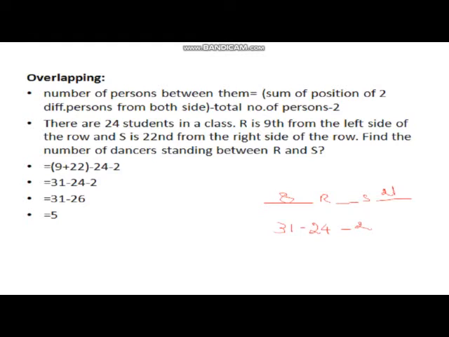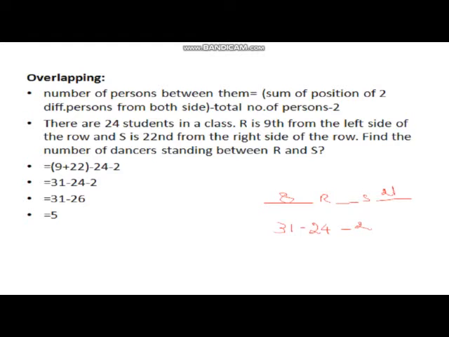This is a case where it is overlapping, which means S comes before R from the right. So what we have to do is 31 minus the total number of students given, 24, plus the overlap of 2. This 2 is because they are overlapping, so we count R and S again. Totally it is 31 minus 26, which is 5.